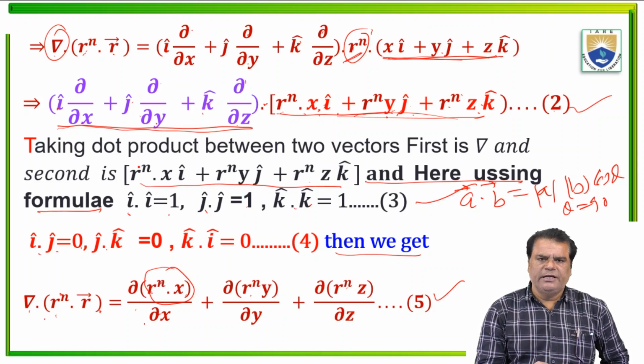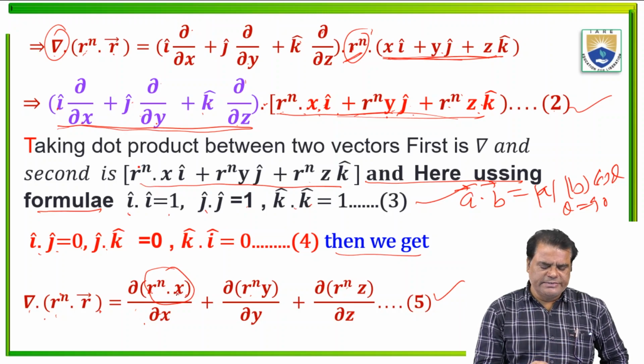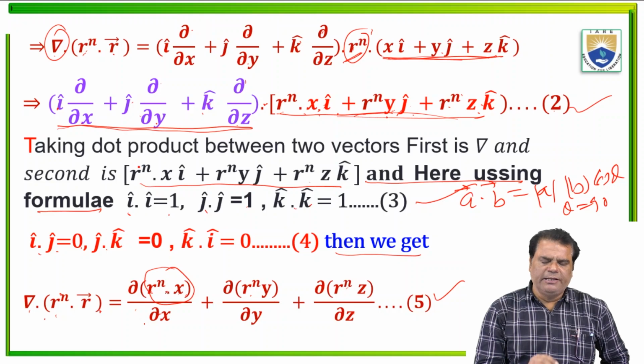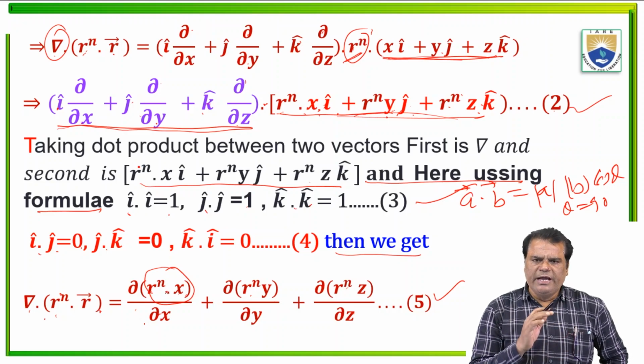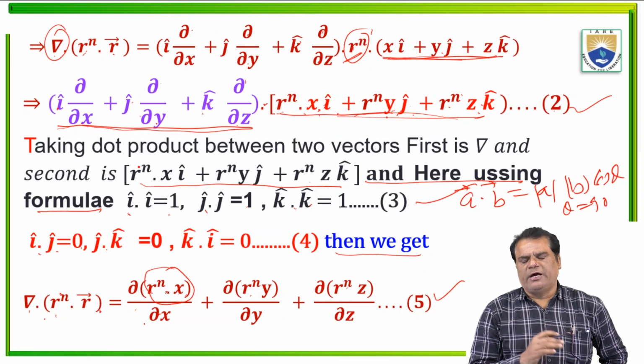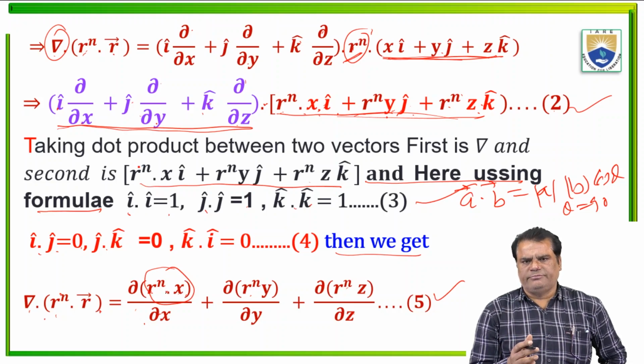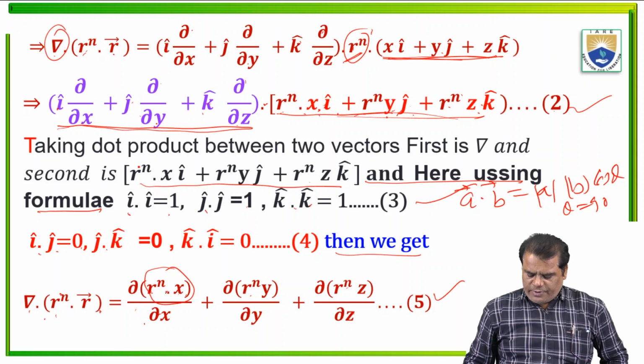The first function is r to the power n and the second function is x, and they are multiplied. So we are using the product formula for differentiation. So what is the product formula?